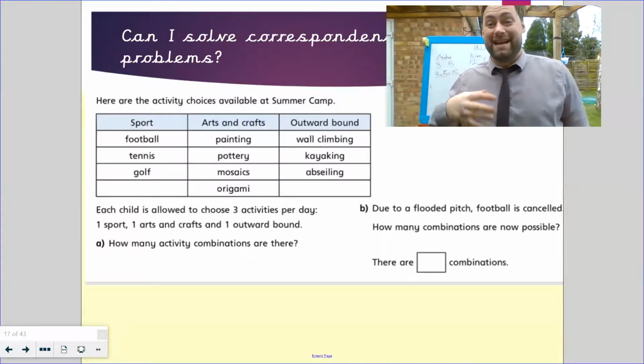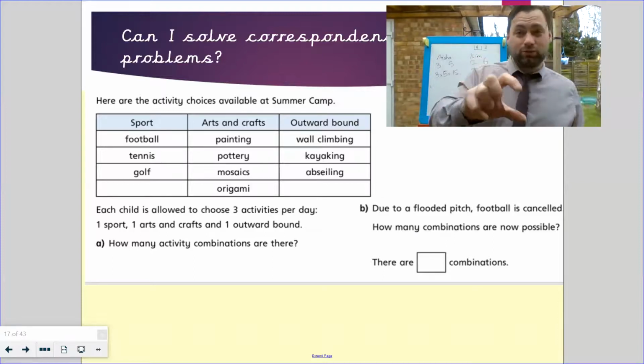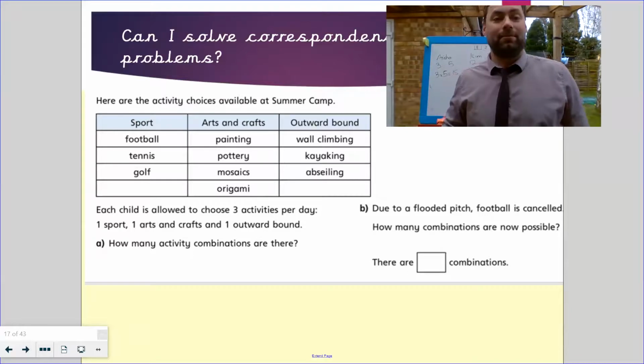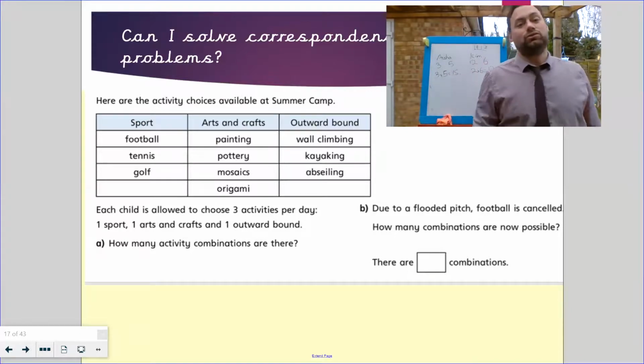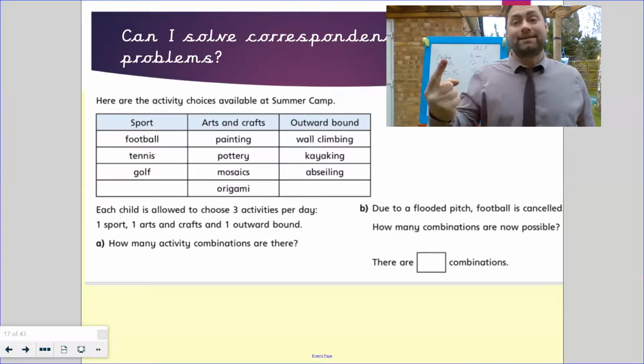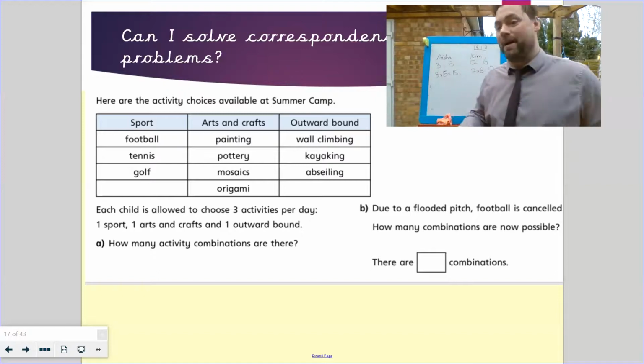Okay, this one is a little bit trickier because not only do we have 2 groups, we've actually got a 3rd group as well. The activities are available at summer camp. Each child is allowed to choose 3 activities per day. 1 has to be sport, 1 has to be arts and craft, and 1 has to be outward bound.